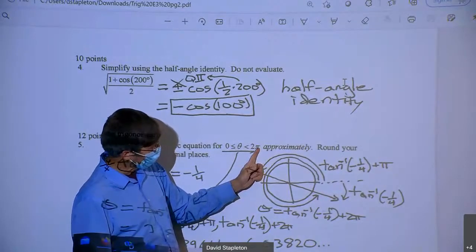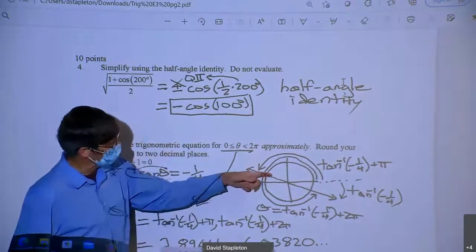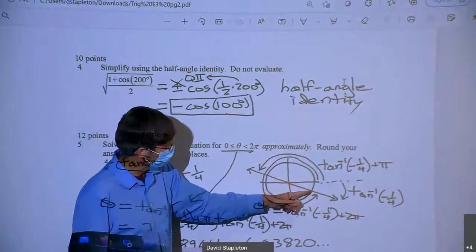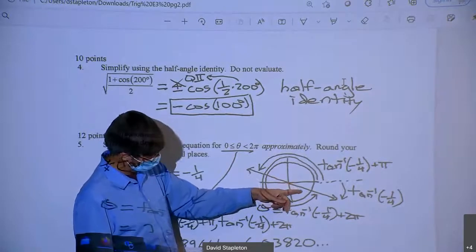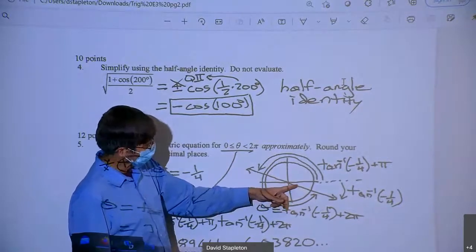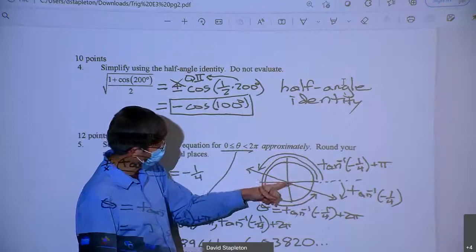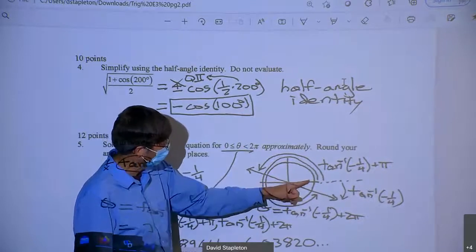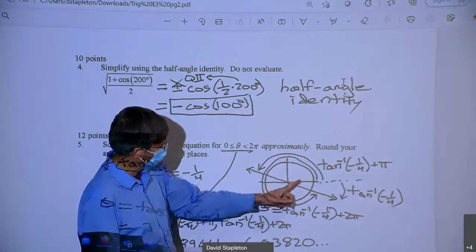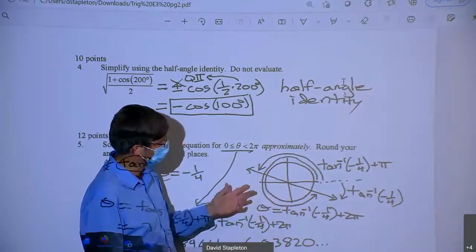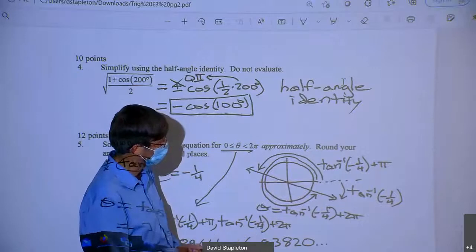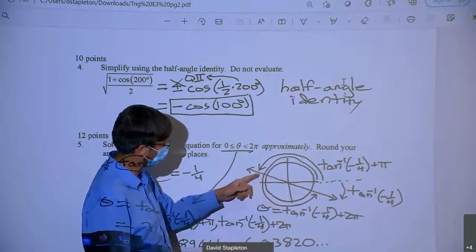But I realize also that whenever y over x is a quotient like that, here's the y coordinate to the x, the opposite direction is the only other direction that has the same tangent, right? Over here, if you put x negative, the same measure, and y positive with the same length, then again y over x is the same quotient. And that's the only way to make y over x the same quotient, minus a fourth, is to put the opposite direction here.